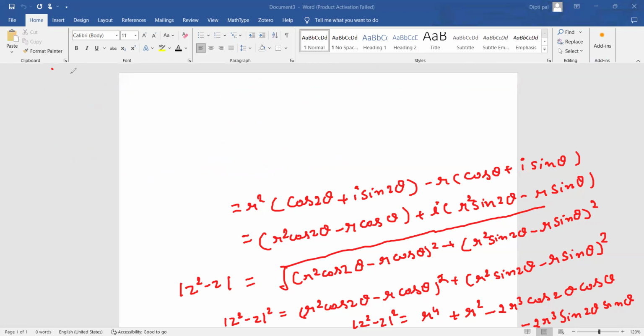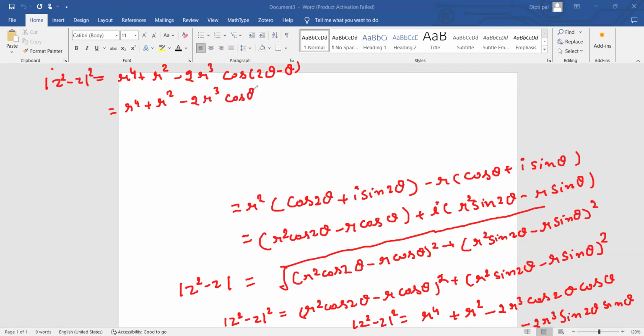We get modulus of Z square minus Z whole square will be r to the power 4 plus r square, and we can take 2r cube as common. So this is cos A cos B plus sin A sin B, which is cos of 2 theta minus theta. So that will come as r to the power 4 plus r square minus 2r cube cos theta.